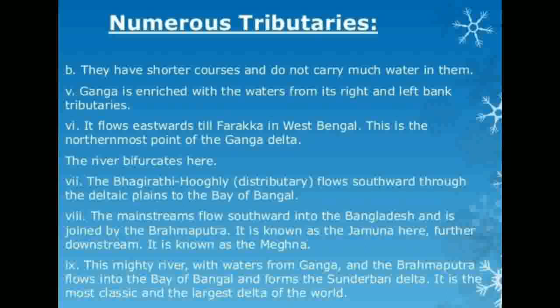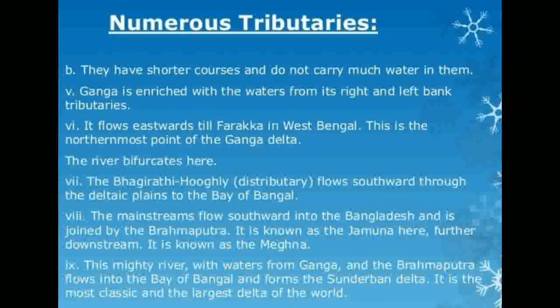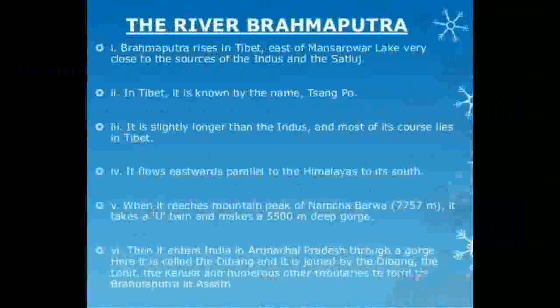And here these two rivers form the world's largest delta, the Sundarban Delta. The Sundarban Delta is named after the Sundari tree, which is dominant in this delta. Because of that tree, it is known as the Sundarban Delta.